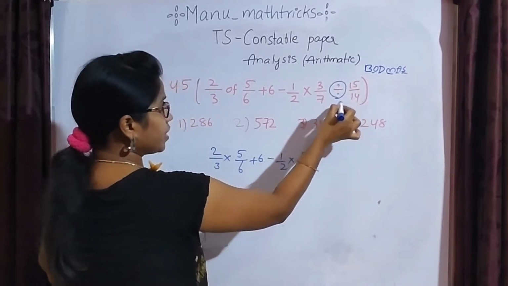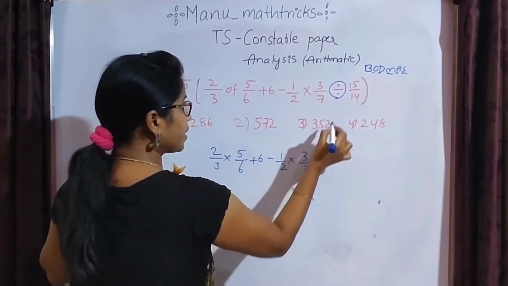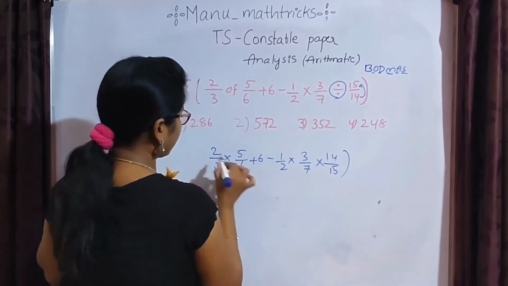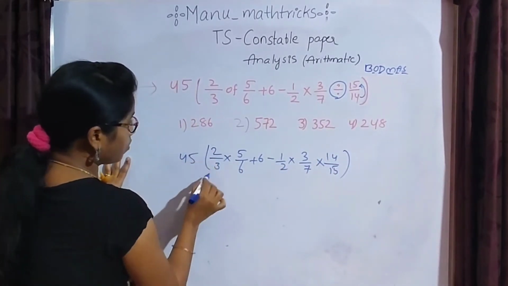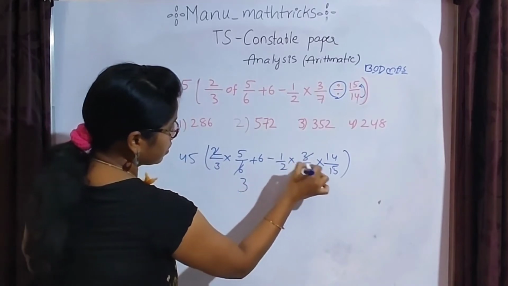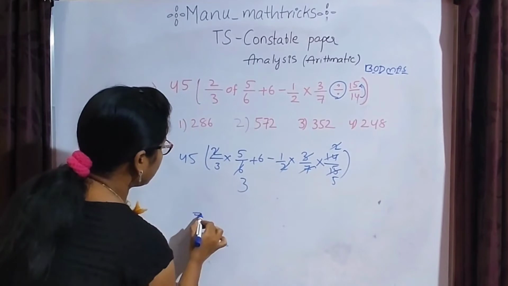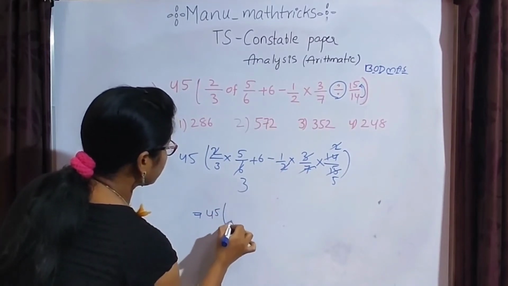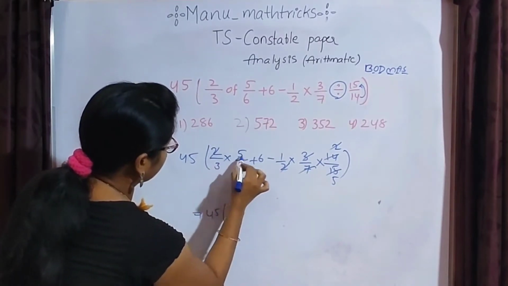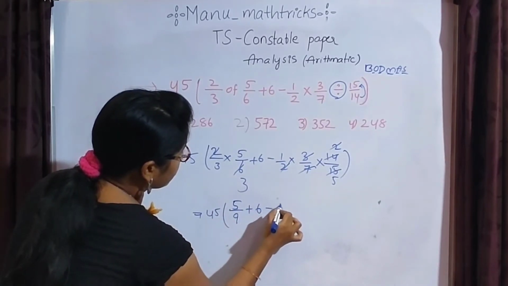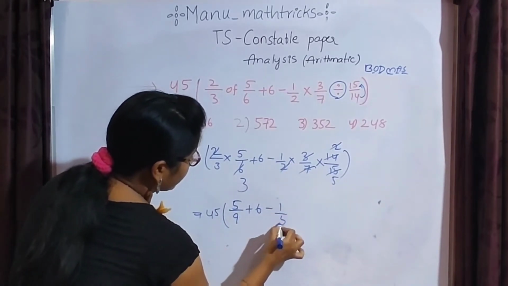Now division. Division can be converted into multiplication, then it is reversed. That is 14 by 15. Now 2 1s are 2, 3 1s are 3, 5 1s are 7... 2 cancel. Now 45 into 5 by 9 plus 6 minus 1 by 5.